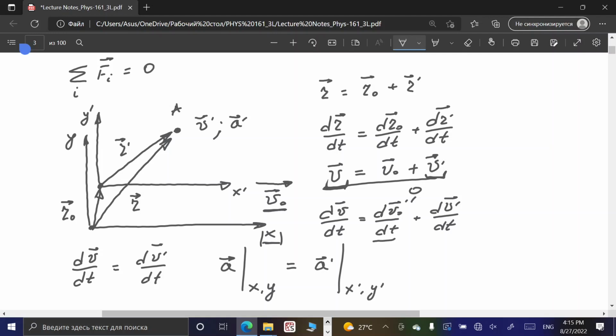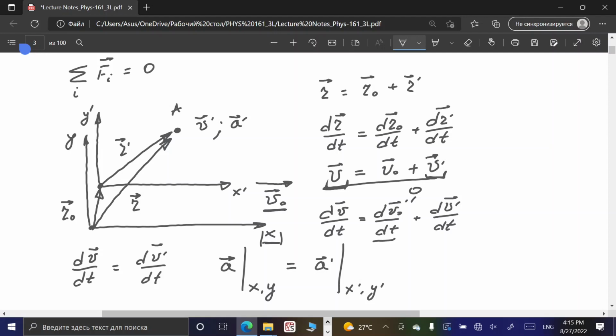As you see, in this case, when we go from one inertial system of reference to another inertial system of reference, the acceleration vector remains constant. It doesn't change, and that's why it's a so-called invariant parameter.